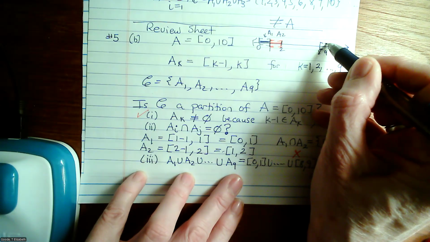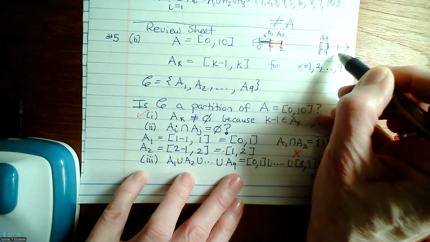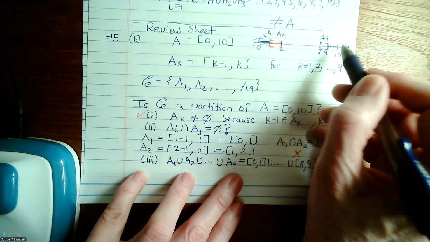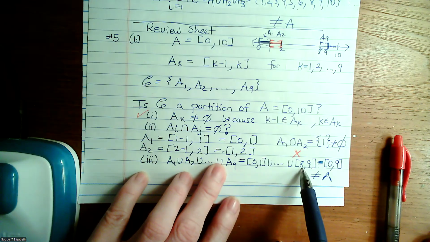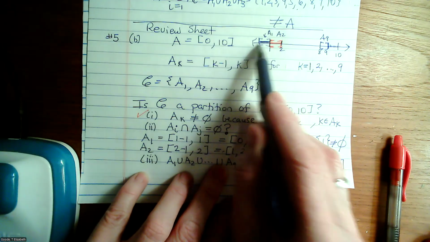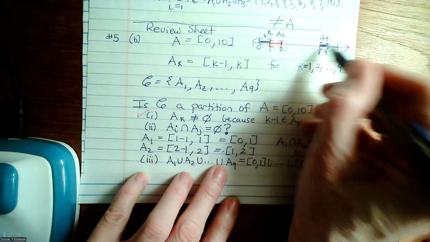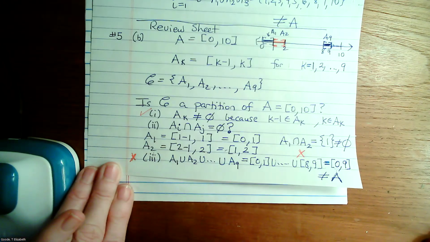That's A9. I would have needed to make it go all the way to 10 for us to get all those missing numbers that are in A but aren't in this union that only goes from 0 to 9. Do you see that? Yes. So it fails in 2 different places.